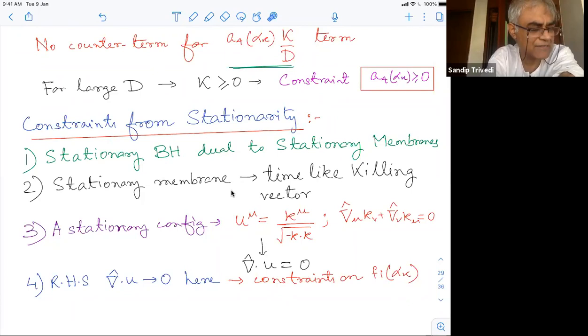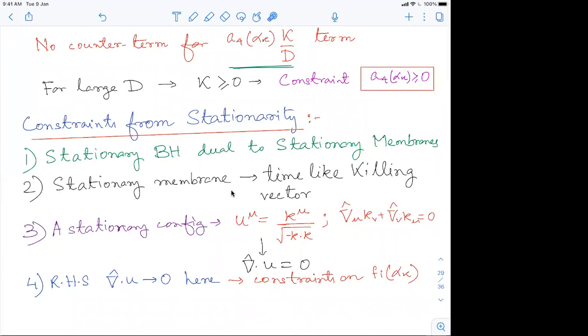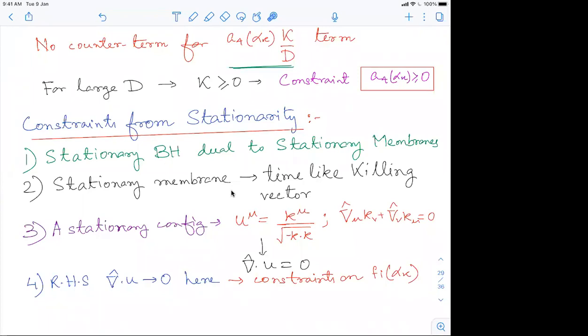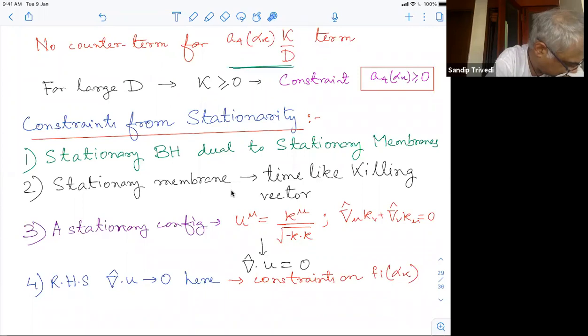But if it's some constraint like that, then it won't depend on the nature of that equation of state. I mean, as to how you're saying some set of equations of state will lead to the condition A4 greater than or equal to 0. Yeah, if you just try to write down in fluid dynamics an entropy current, if you write down the fluid stress tensor in terms of energy and pressure, and you let energy and pressure be different functions of temperature, then in general, there's no entropy current.